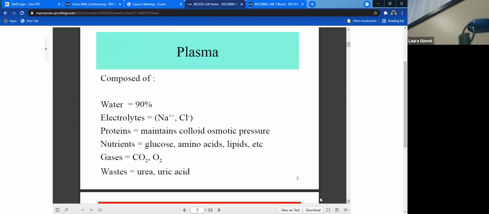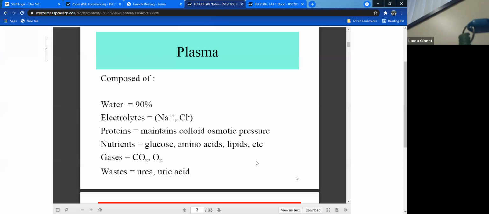So plasma is composed primarily of water. 90% is water. We transport a lot of electrolytes. Remember, electrolytes are ions in solution, and ions are elements that gained or lost electrons. We have proteins that help maintain osmotic gradients, especially albumin. We're going to identify 2 other proteins in plasma in the lab exercises.